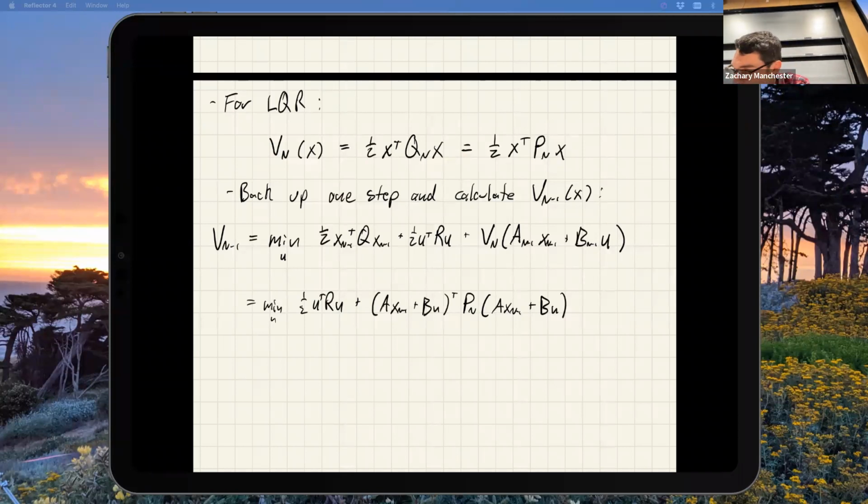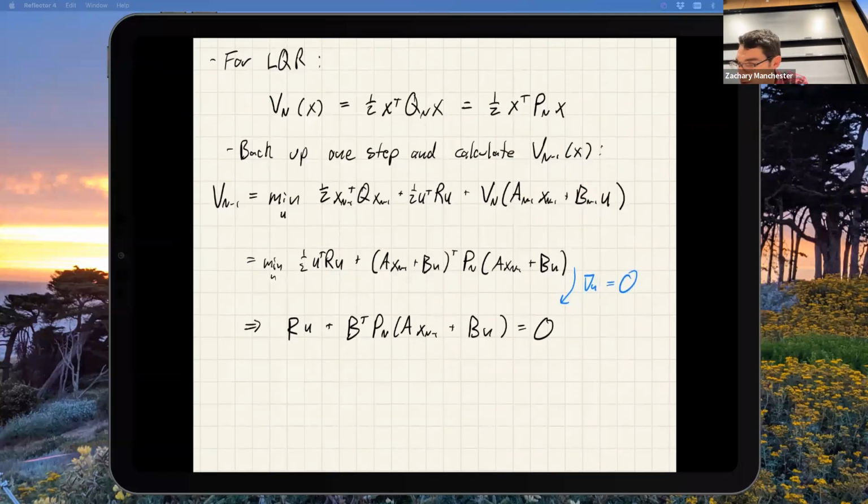If I take the gradient of that thing and set it equal to 0, I get the following. And what I did here is set grad u equal to 0. Cool.